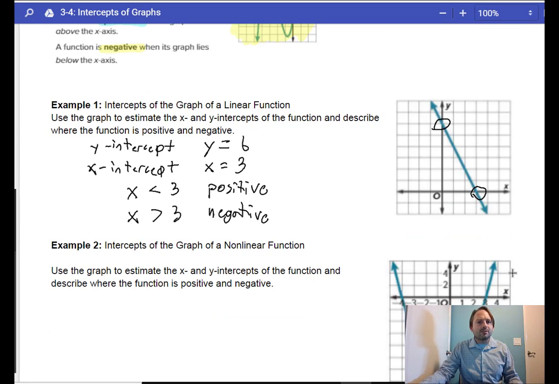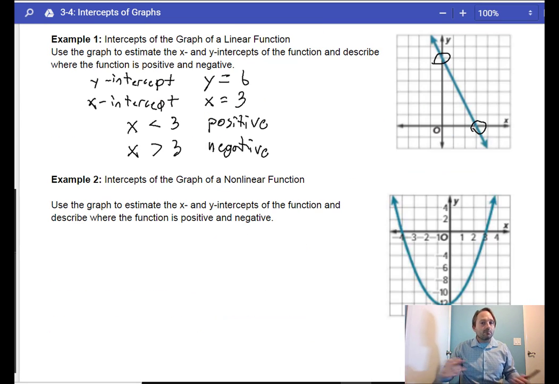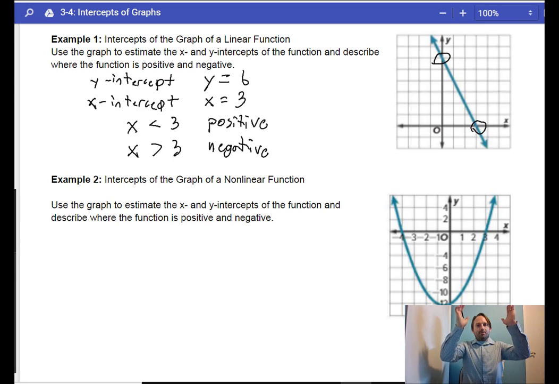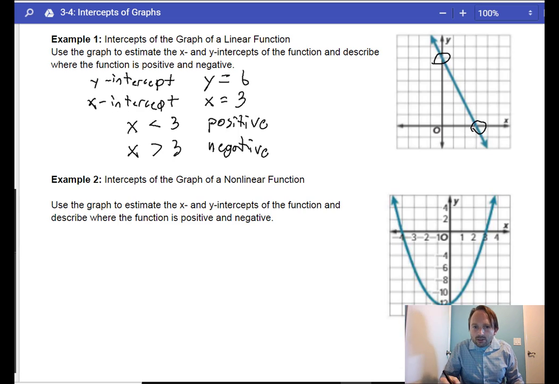Example 2. Intercepts of a graph of a nonlinear function. All right, so this looks like a quadratic, a parabolic shape. Well, it looks like that it has an x-intercept. We could say, the y-intercept is going to be, we could say that y is around, it looks like it's around 12.